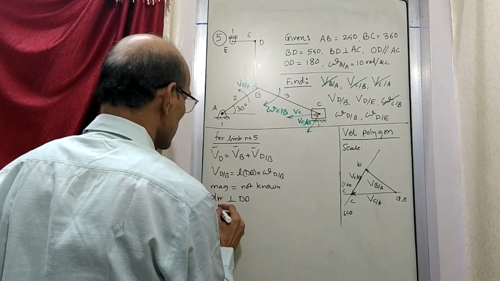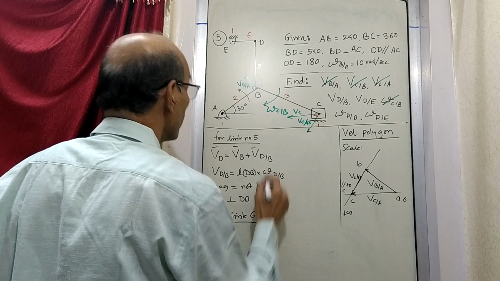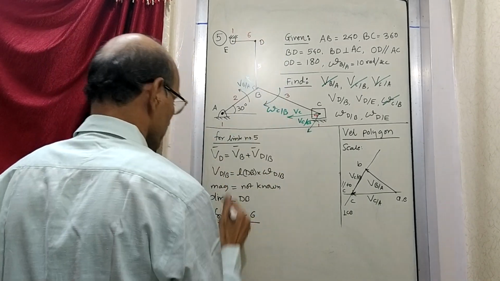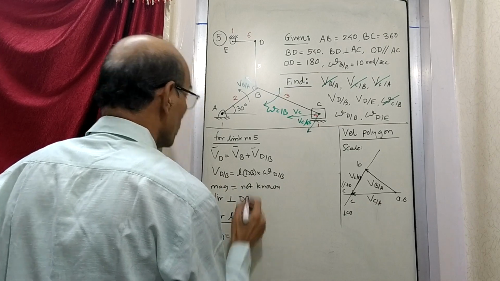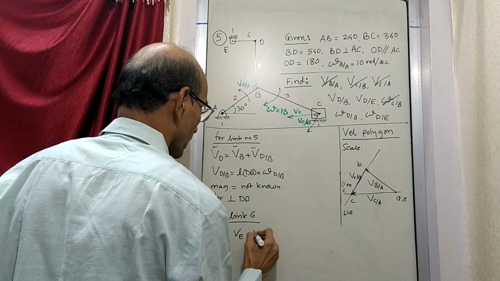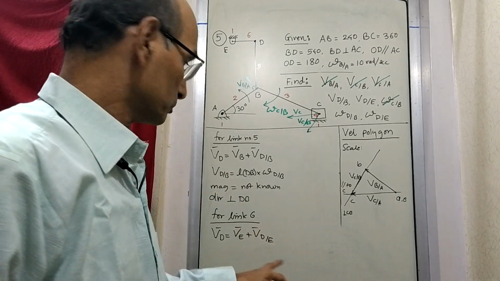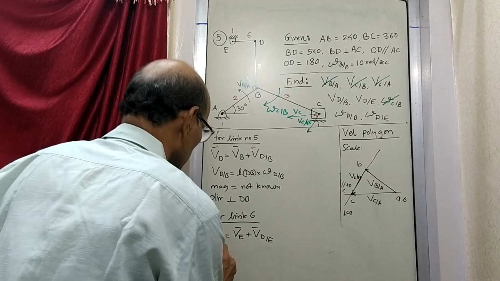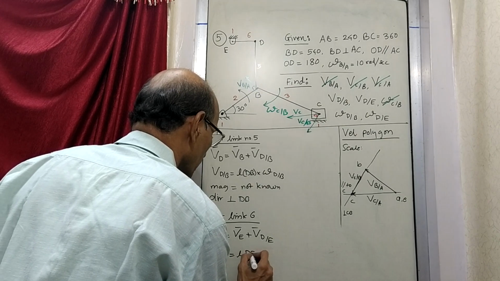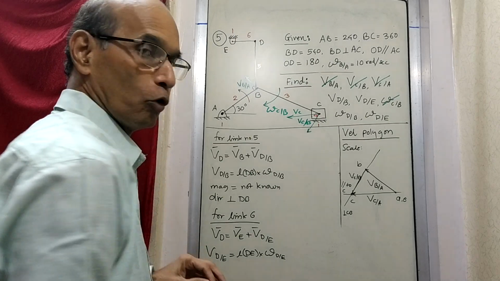So now let's go to link 6. For link 6, velocity of some point on the link D is equal to velocity of point E, which we know as 0, plus velocity of D with respect to E. Now about this we will write it is equal to length into omega, R into omega.